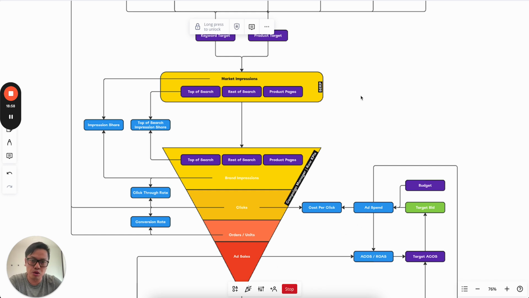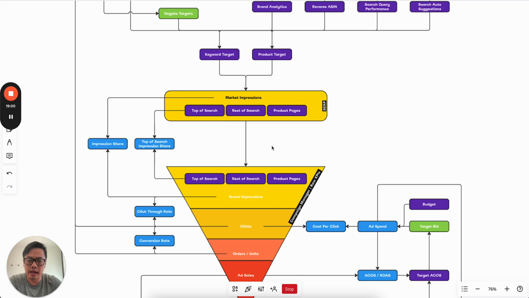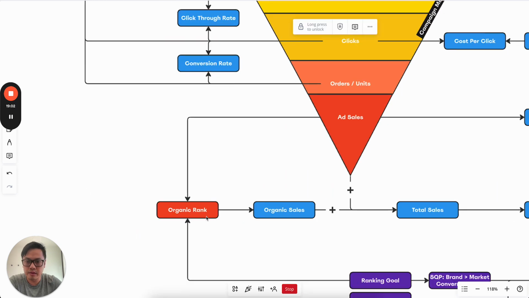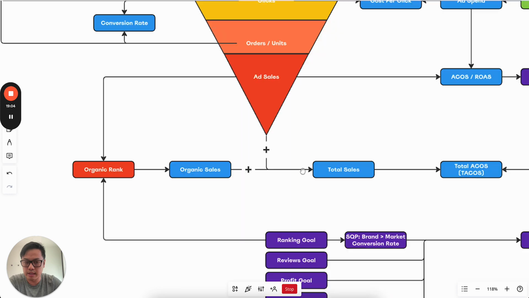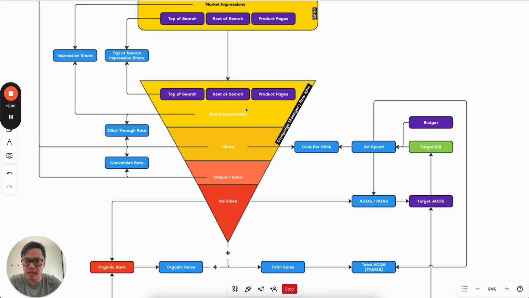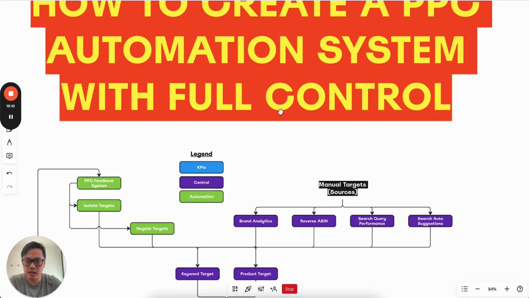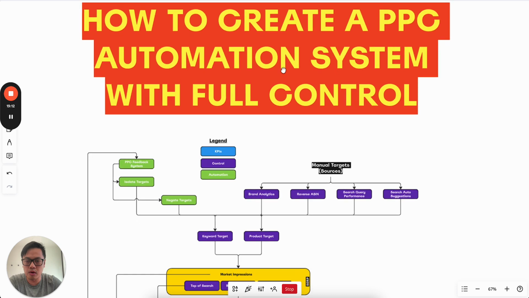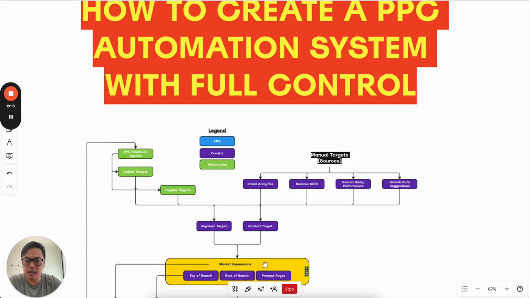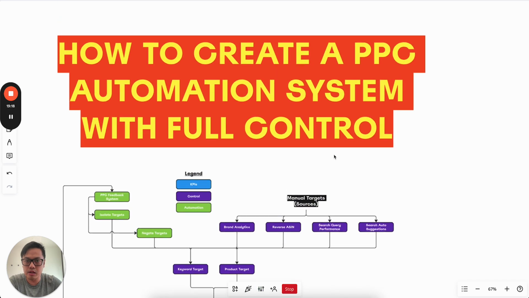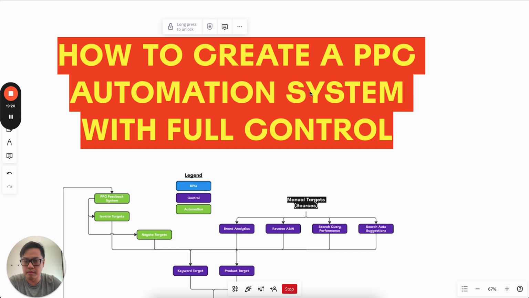You can just drive more traffic through. And if your product is good enough, then you'll obtain those organic ranks, and you should be able to generate profit through it. So you can see how, by understanding this full system in depth and really paying attention to the KPIs here, you can create an automation system with full control.